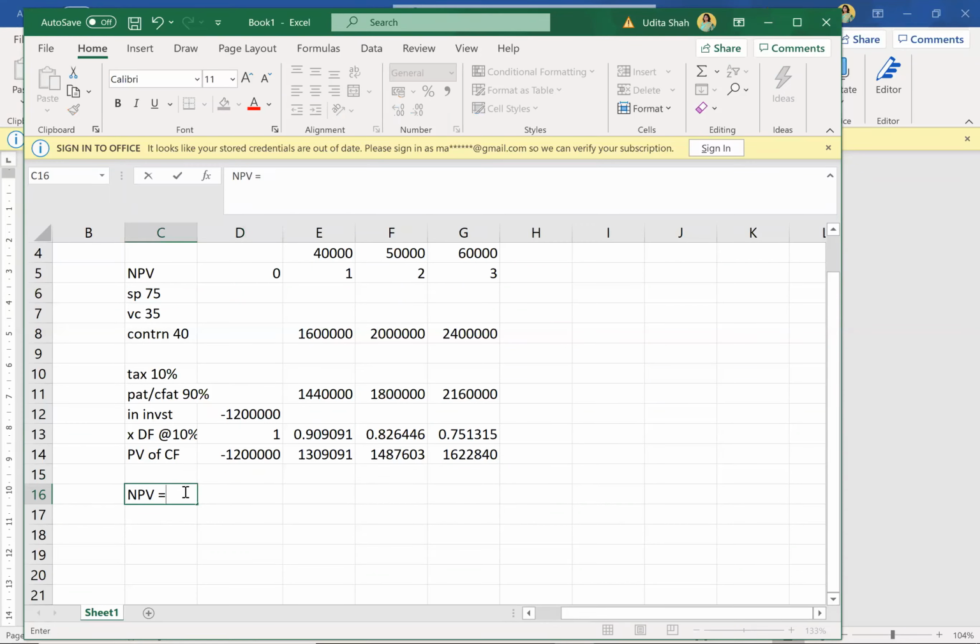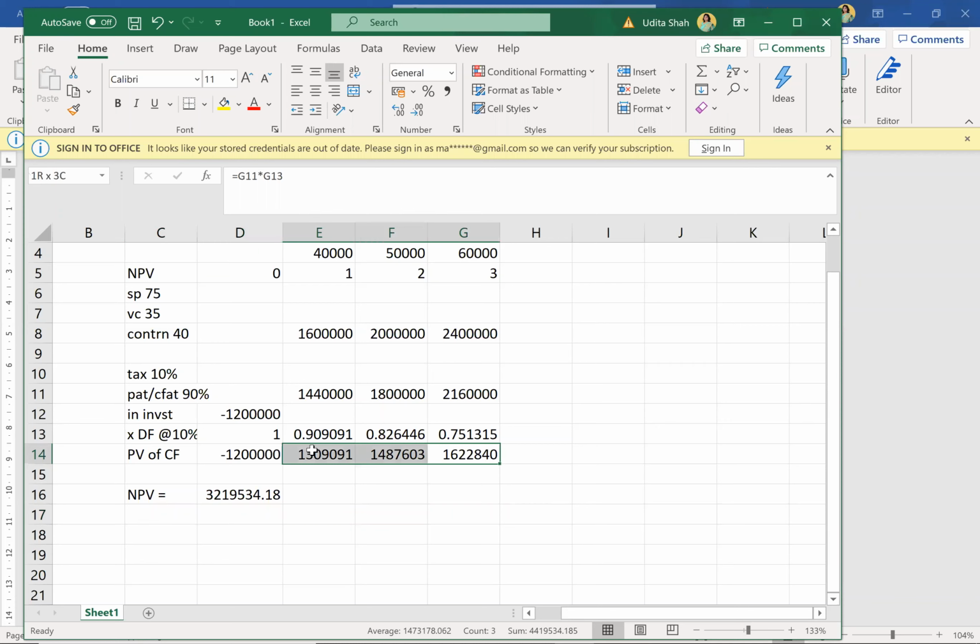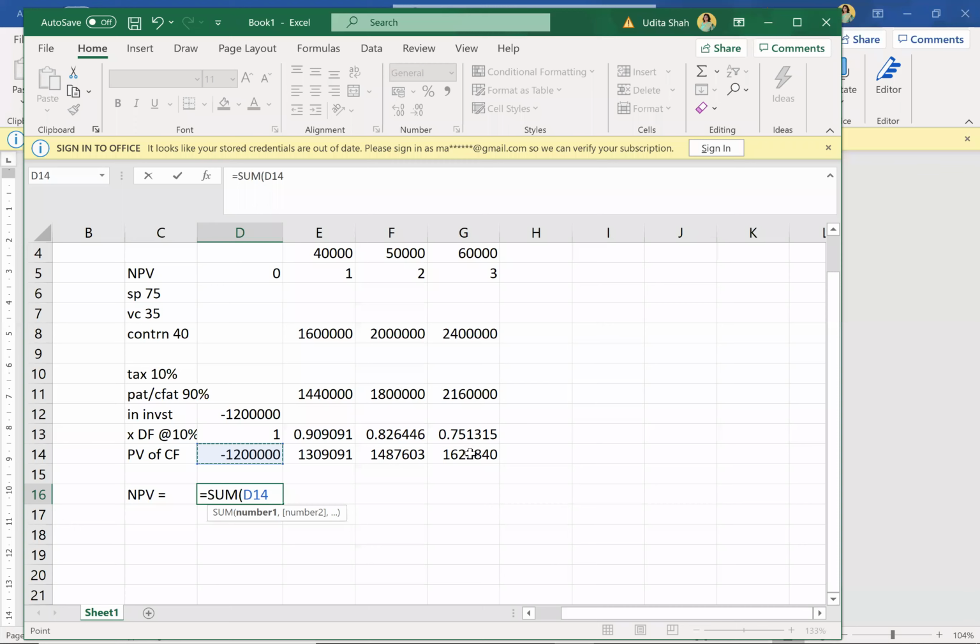So what is the NPV then? NPV equals the sum of all of these. So we have a positive NPV. Just check if you are getting this NPV.